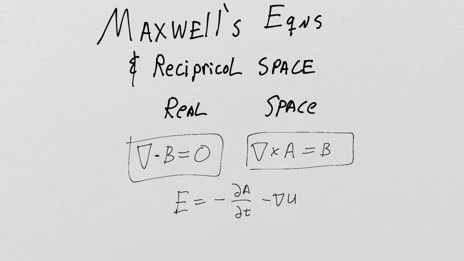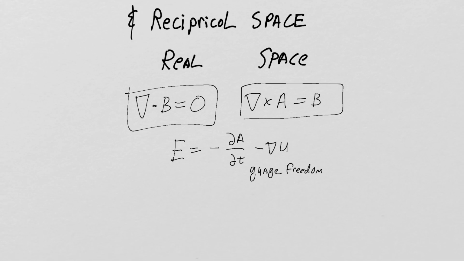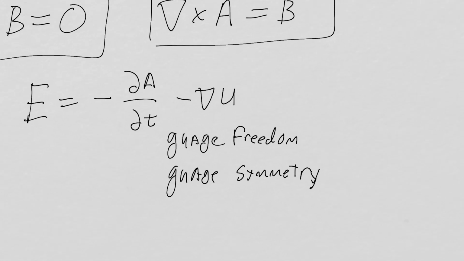Now, what we have not done yet is we have not really discussed the physics notion of gauge freedom, which is sometimes called gauge symmetry. I want to be careful about these two terms. I prefer gauge freedom because that touches on the notion of mathematical redundancy.